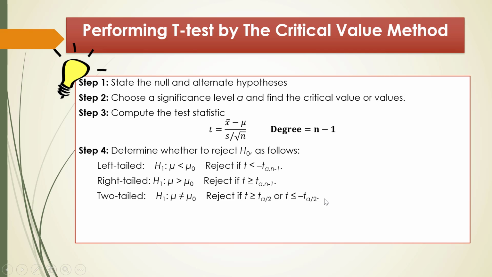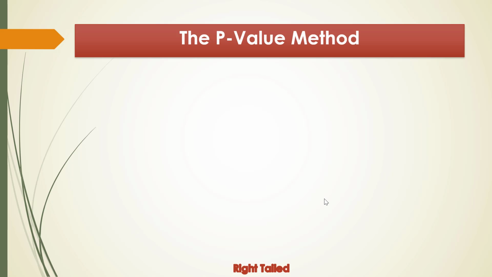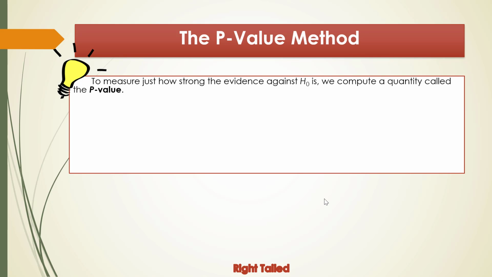So for left tail, we have a negative critical value. For right tail, we have a positive critical value. And for two-tail, we have one negative and one positive critical value. Simply, if the test statistic falls into the rejection region, that means the critical region, we reject the null hypothesis. And step 5, we state a conclusion. So that was the critical value method.